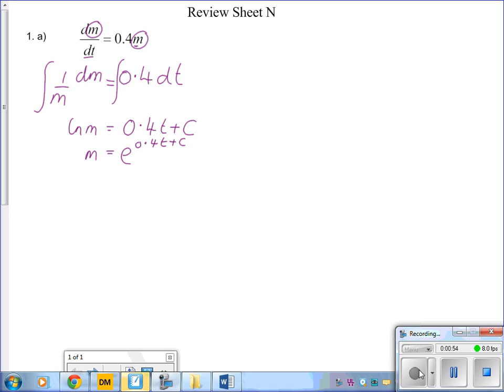Remember our indices rules, so if I've got e to the power of 0.4t plus c, that's actually the same as times by e to the power of c. This is just a constant, so rather than have e to the c, which is a constant anyway, I'll change the letter: a e to the 0.4t, and that's my general solution.